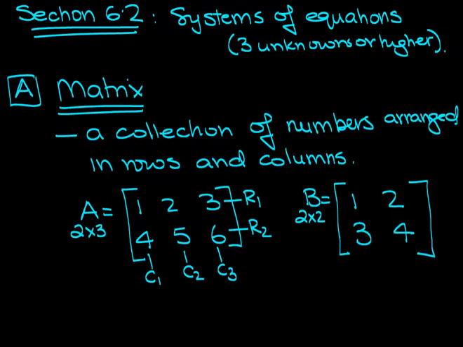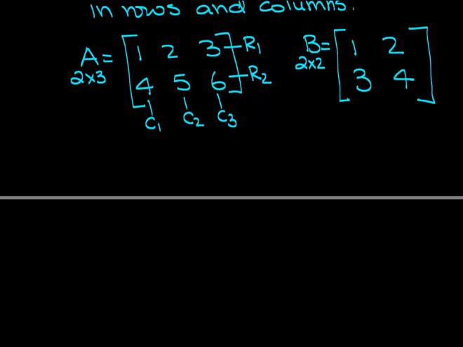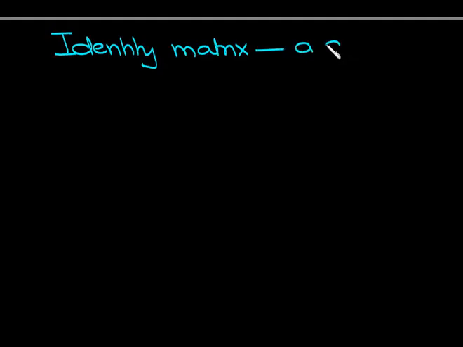Okay, there's some matrices that are special, and the one that we need for this section, and that's the only one I'm going to talk about, is something called an identity matrix. An identity matrix is a square matrix. That means it has the same number of rows and columns.